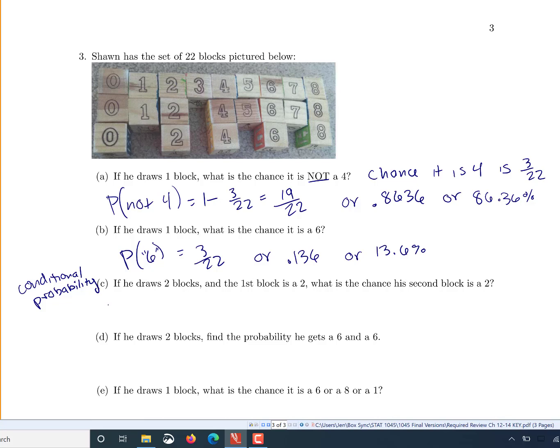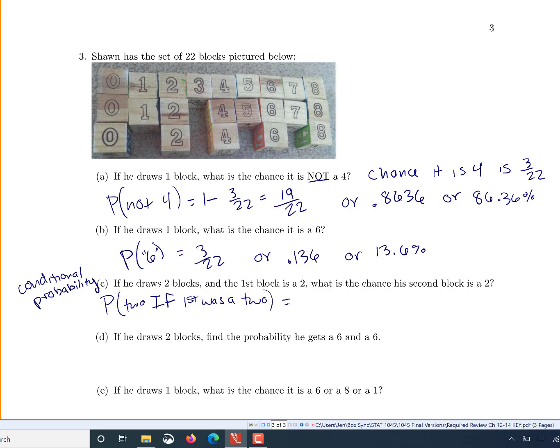It said, let's see, you're looking for the probability of getting a 2 if the first was a 2. So you're saying, I already know that the first one was a 2. Now, given that, what's the probability of getting another 2? So it's not an and problem, it's just a conditional probability.